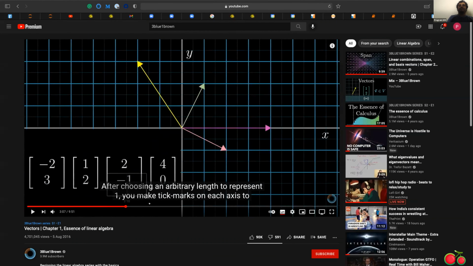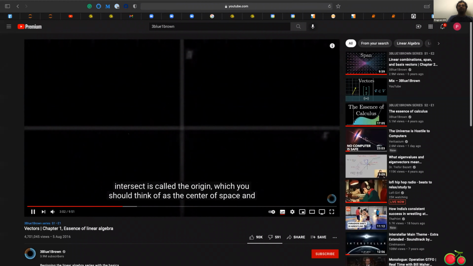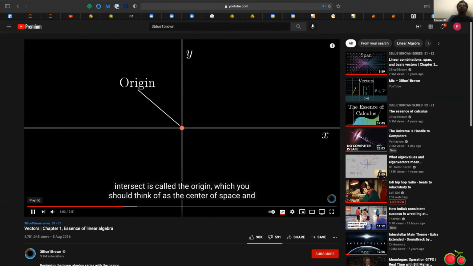One thing I didn't talk about was how you move vectors around. When you take a vector, you can move it around in whatever direction, and it doesn't really matter. It doesn't change the vector. It's pointing in the same direction, and the length of the vector is the same.